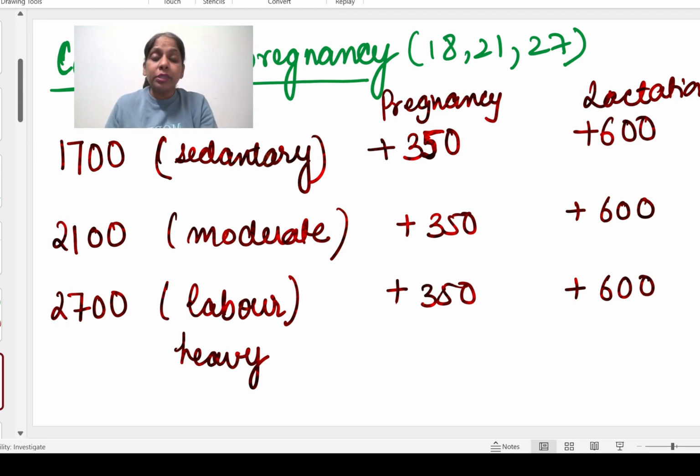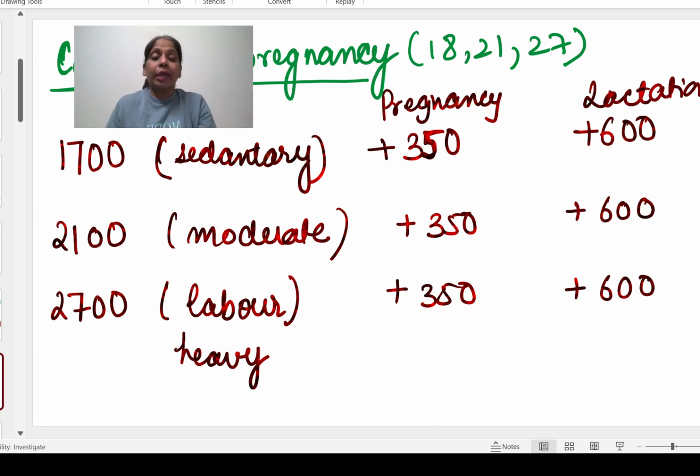Now this was about how you have to adjust the calories as per pregnancy and lactation. Here I would like to tell you, the new ICMR guideline says that in pregnancy you have to add 350, but the older guideline says that you have to add 300. So if there's a difference of 50 in any of the option values, don't worry.